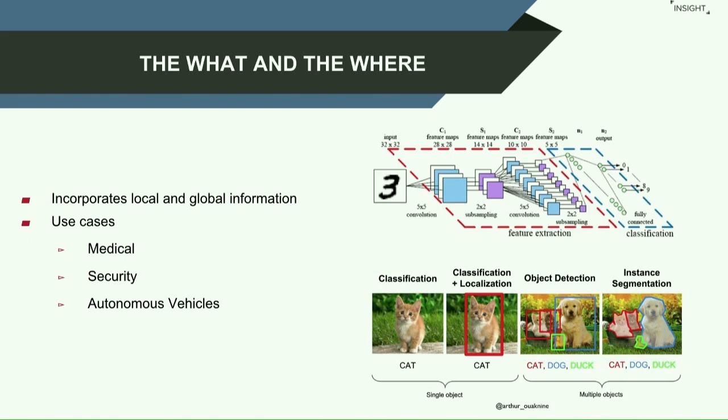However, most applications where you're actually going to be applying these deep learning techniques for computer vision require either object detection or segmentation, shown there at the bottom with those cats and dogs. And this has many different real-world applications for medicine, real-time security, autonomous vehicles for doing perception of the environment around them, leveraging classification and localization. Some common models you might have heard of are YOLO or RetinaNet.